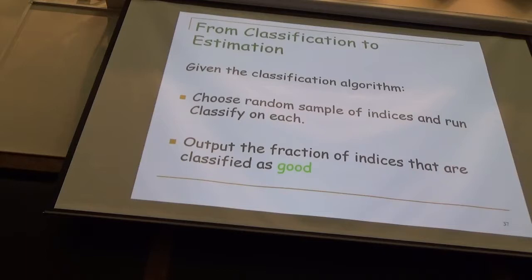Whoops, I should have said classified as good. It should be classified as bad. That will be your estimate of the distance to monotonicity. Since random sampling works if you're just trying to tell what fraction of a population is good or bad, you can do this with random sampling. But the key thing is, how do you get this classification?